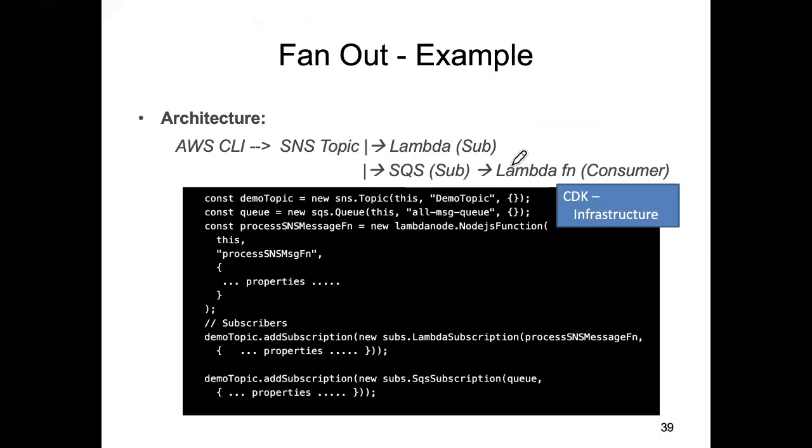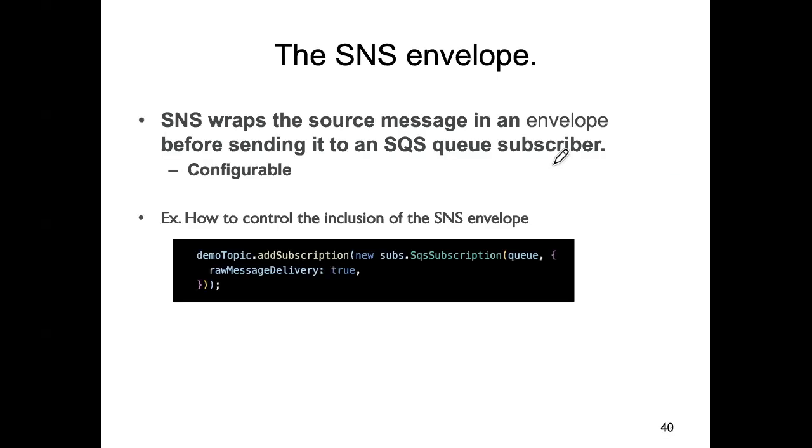And I've also shown you that this Lambda is also triggered eventually. Okay, that's that. I've talked about the envelope idea. It's not a big thing, but as far as you're concerned, you would always set this to true, as in you do not want the envelope because it contains unnecessary information.